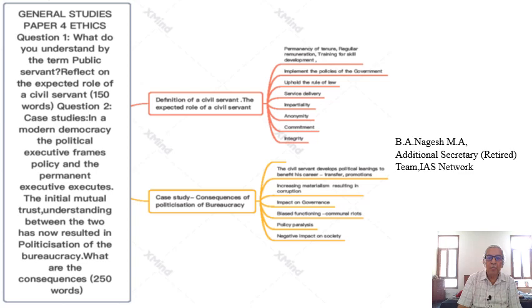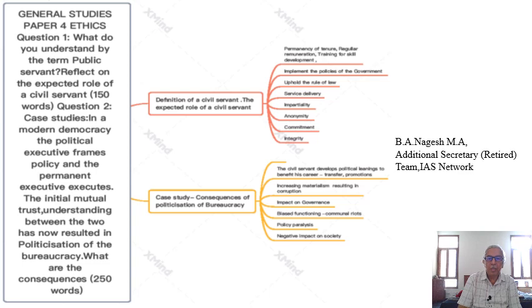Now what would happen because of this politicization? Once this civil servant is posted in the place of his choice, you cannot expect him to be impartial. Say there are communal riots. How do you expect him to be impartial? He will obviously take sides, and he will go by the dictates of the political element, thereby functioning becomes biased.